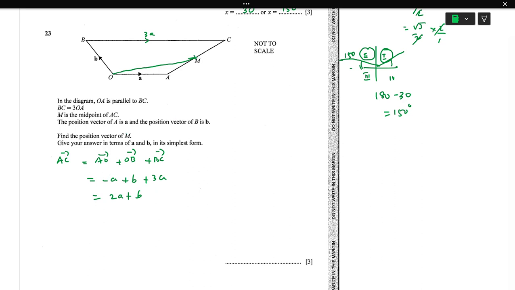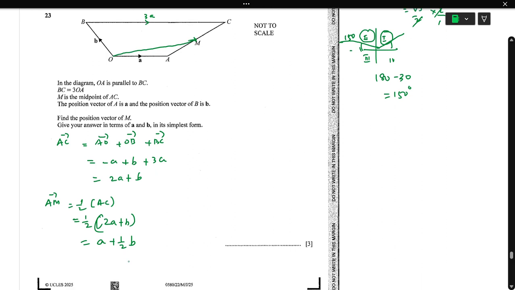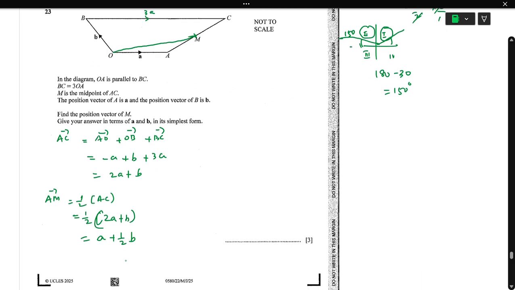Because M is the midpoint, AM is half of AC, which is 2A plus B. Half of 2A is A, plus half B.